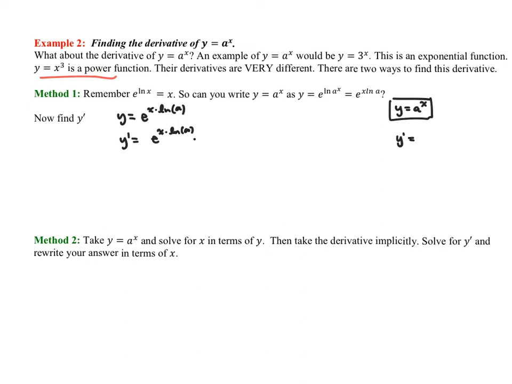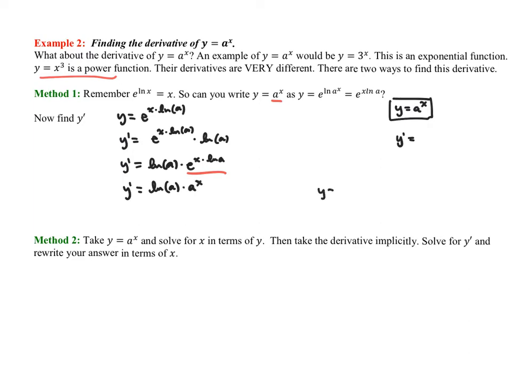The derivative of ln of a times x is just ln of a. So y prime is equal to ln of a times e to the x times ln of a. And we said originally that e to the x ln of a is equal to a to the x. Therefore, y prime is equal to ln of a times a to the x.